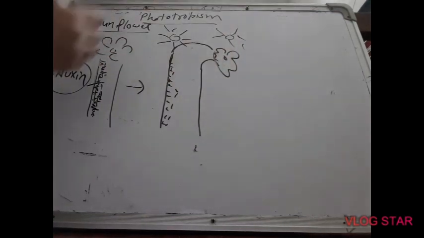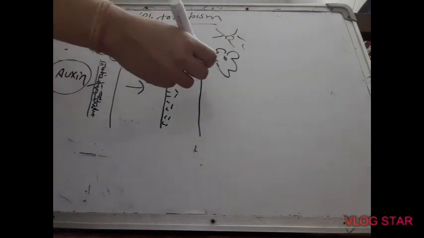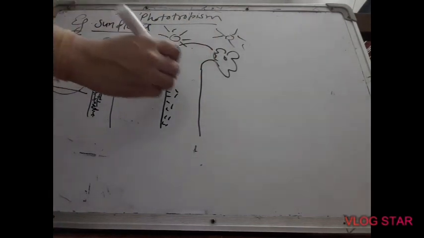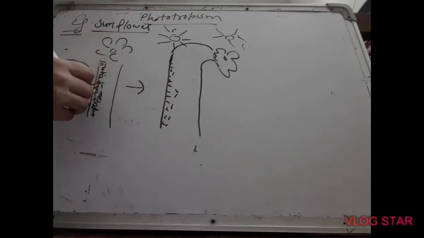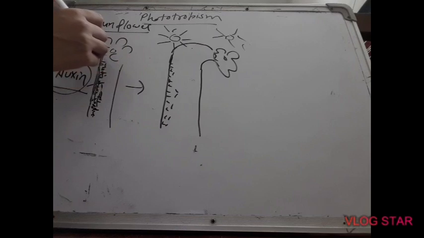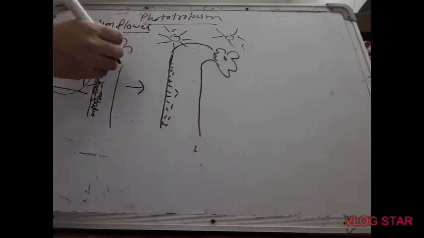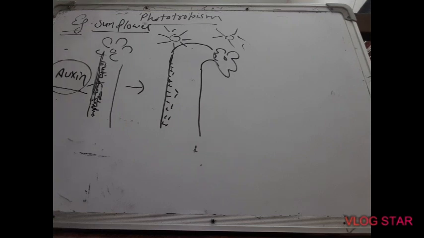Auxin causes the bending of the sunflower because it moves in the opposite direction and causes growth of that side of the stem. The other side remains shorter. Being longer, it bends towards the shorter side of the stem.